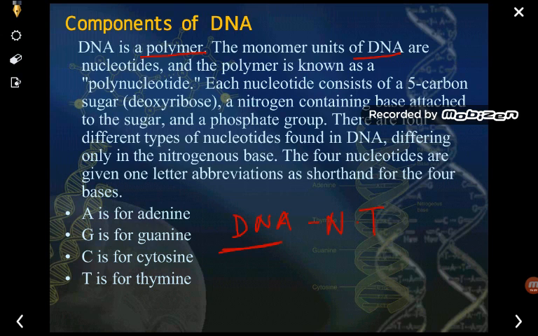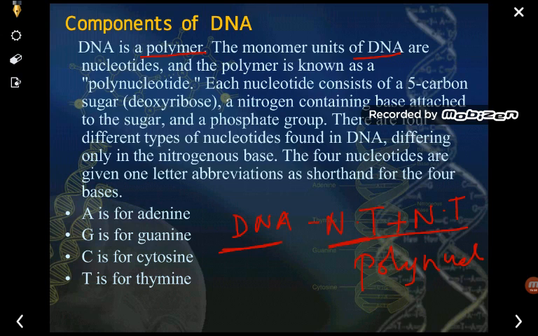So DNA is a polymer, and the monomer units of DNA are nucleotides, and the polymer is known as polynucleotide. When many nucleotides come together, they form a polynucleotide.